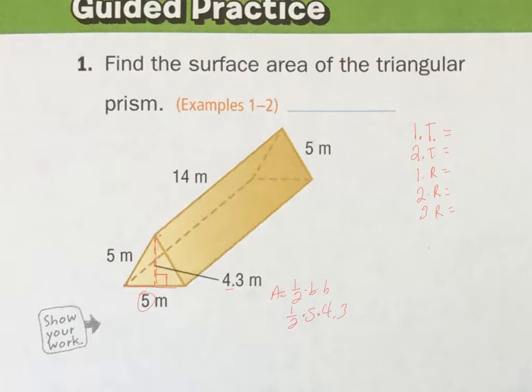So then let's do those all together. And the 1/2 I could say is 0.5. So 0.5 times 5 times 4.3 equals 10.75. And that's for this triangle. 10.75 meters squared. Now that's just one of the triangles.